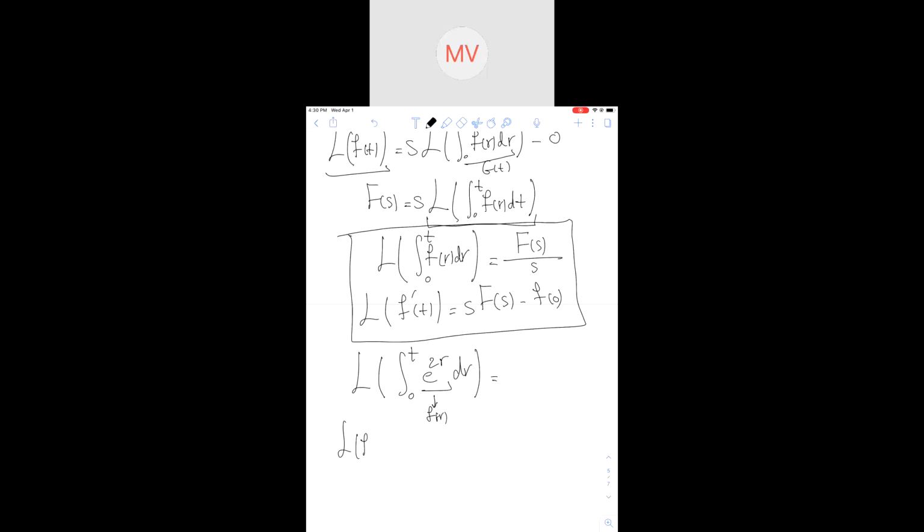Laplace of f of t, which is e to the 2t, is 1 over s minus 2. Now Laplace of this integral is simply F of s divided by s, which is going to be 1 over s times s minus 2.